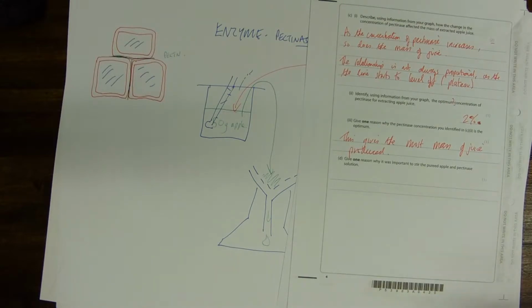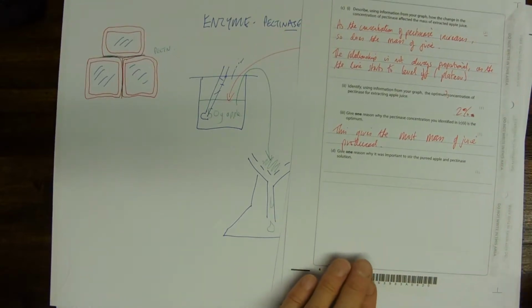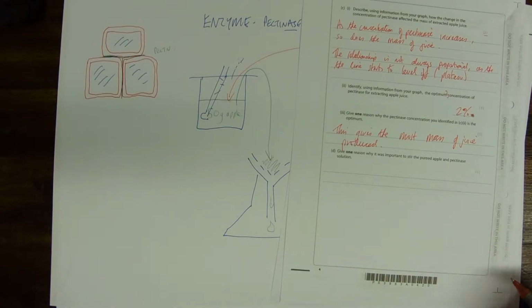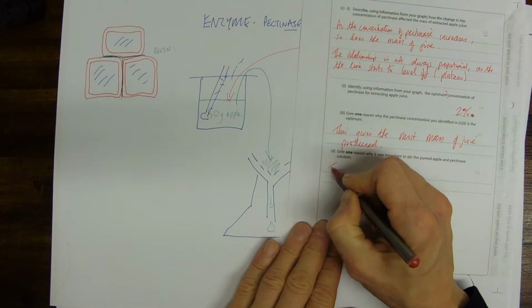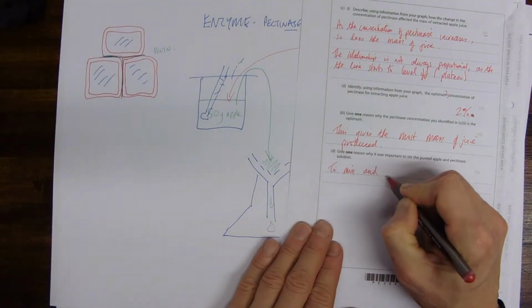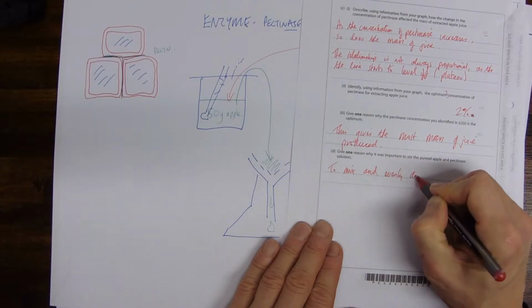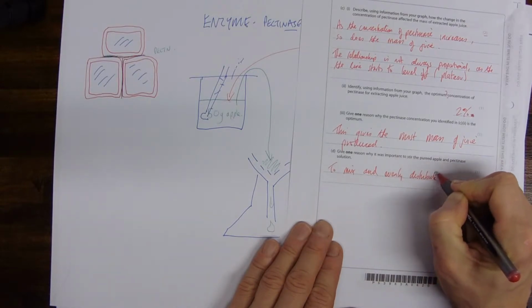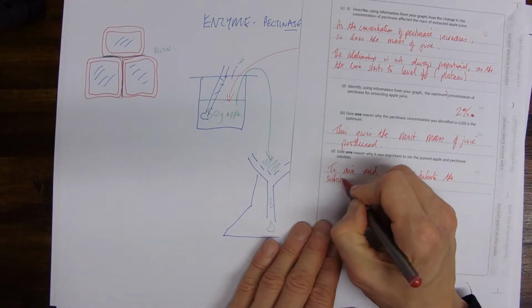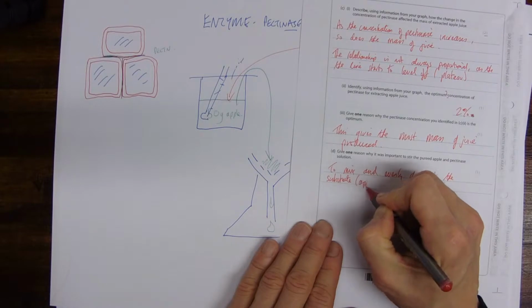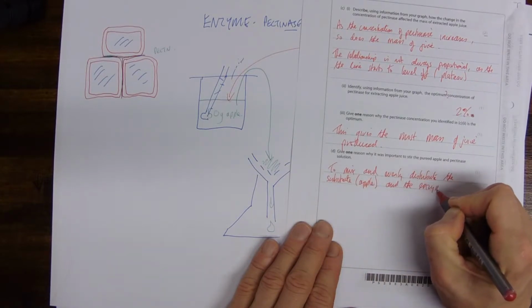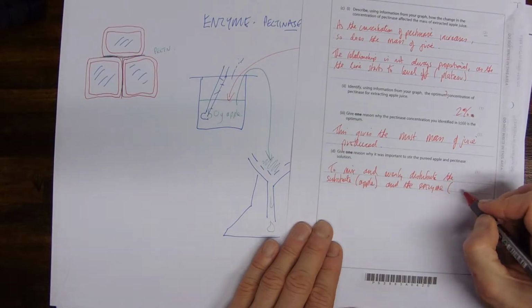So it evenly distributes the substrate and the enzyme. You have to mix and evenly distribute the substrate, which is the apple, and the enzyme, which is the pectinase.